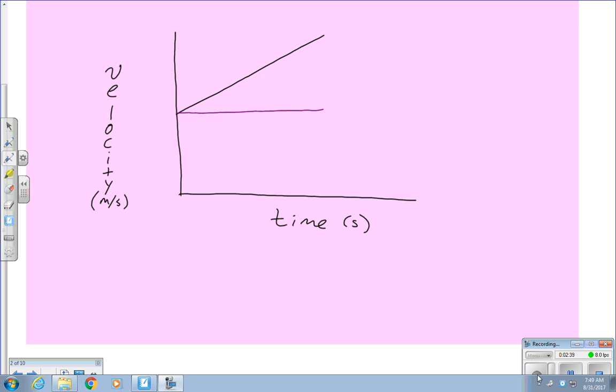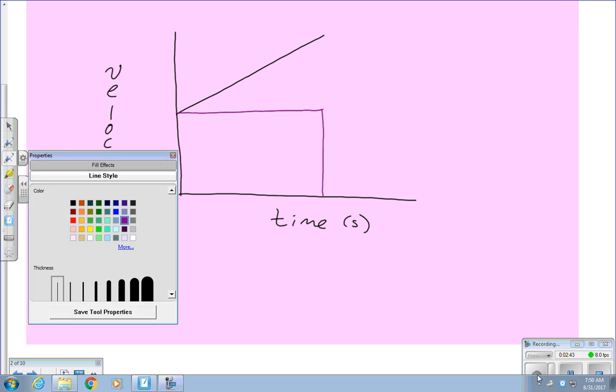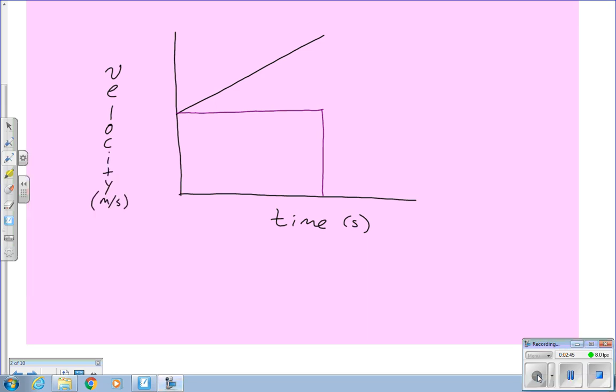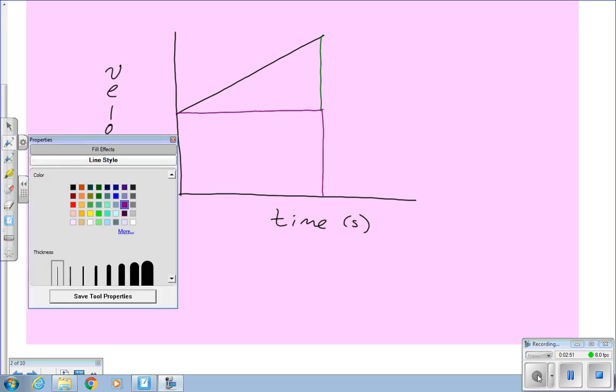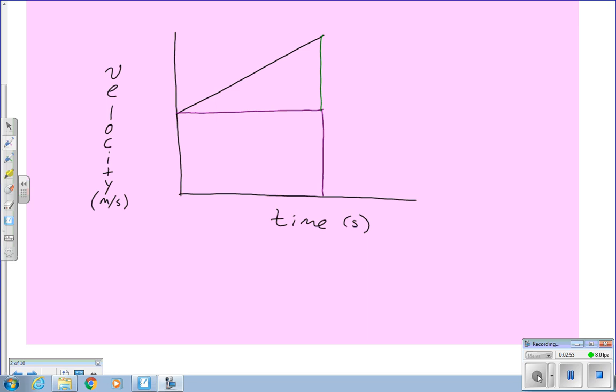We're going to cut this into a rectangle down here and a triangle up here. So the rectangle would have an area of base times height. We've got a base of our time interval, and the height is our initial velocity.